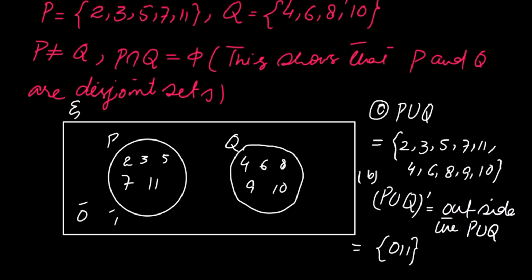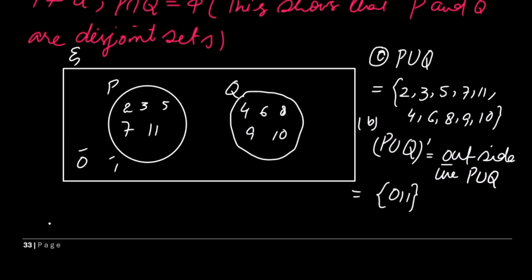The last one is part C, P complement intersection Q. What is P complement? P complement means the elements outside P. So the elements outside P consist of two types of elements.